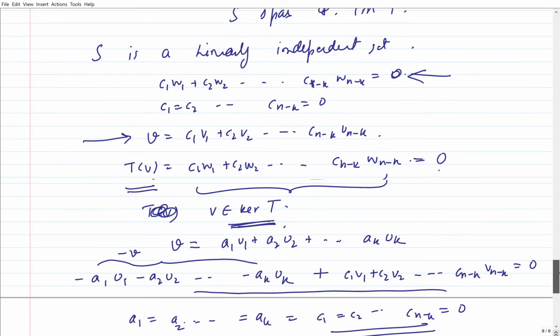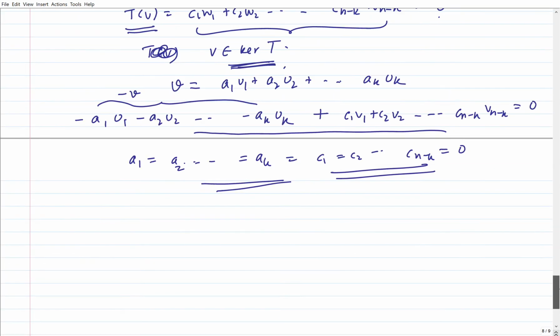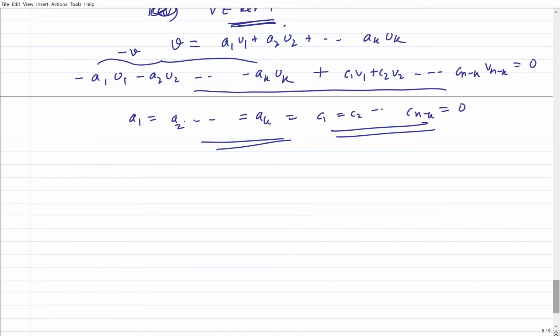So what does it mean? It means I have shown that this statement can only be 0 when all these guys are actually 0, and hence S is a linearly independent set. So what I've shown? I've shown S is linearly independent.